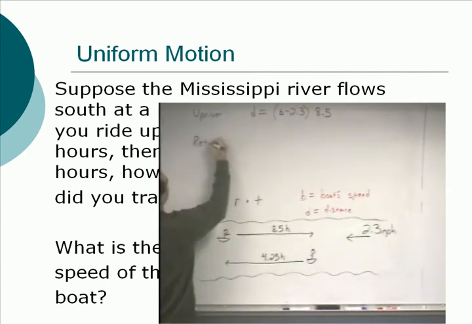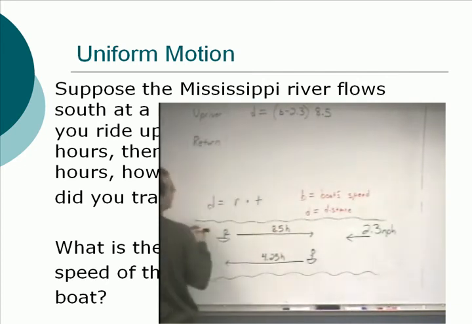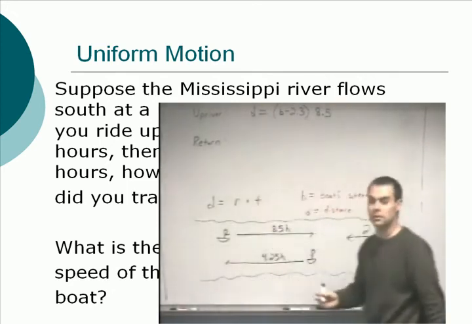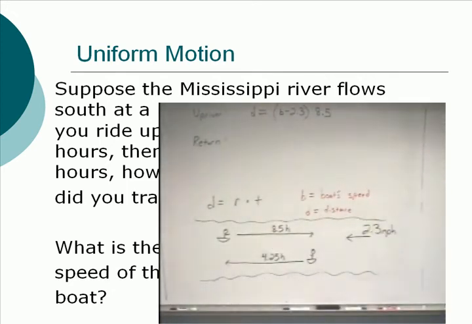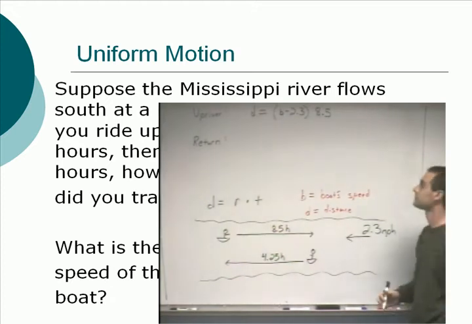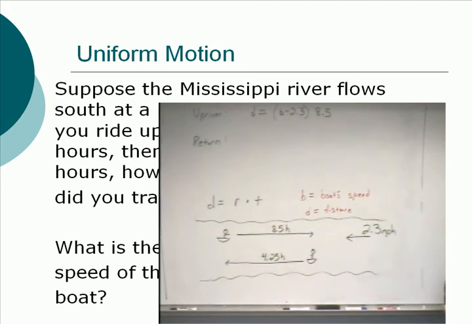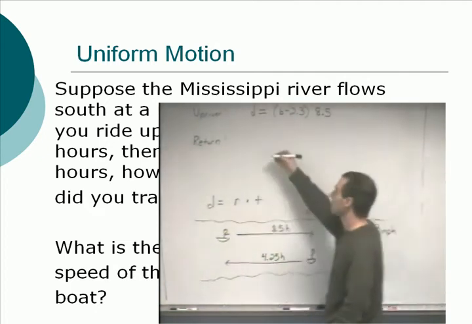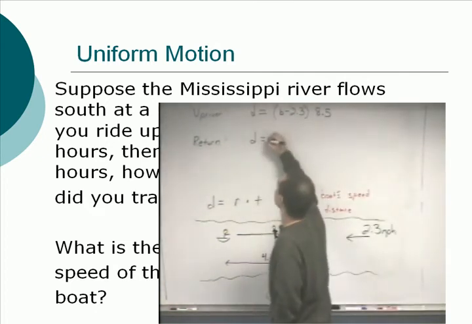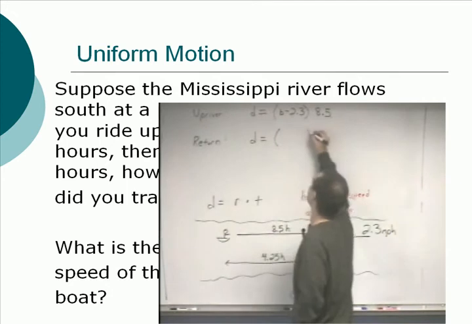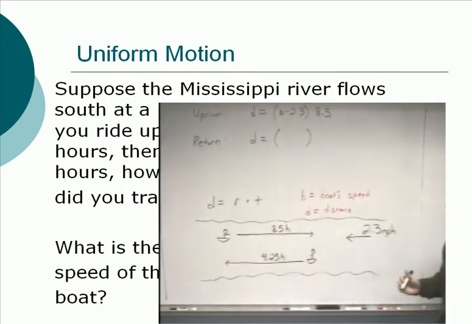And then we've got the return trip. Our distance? Still don't know it. It's still D. Same distance. That's going to equal, now we're going downstream, so what is the current going to do to us?